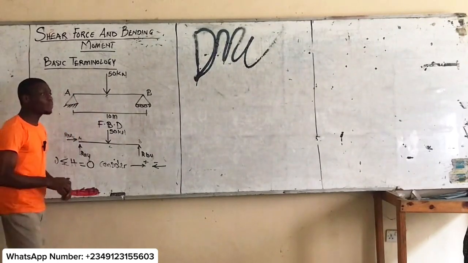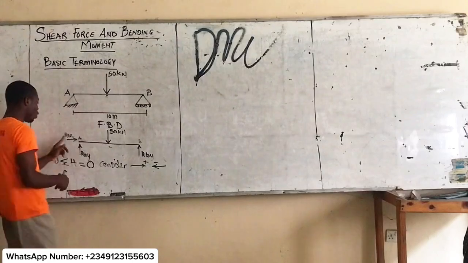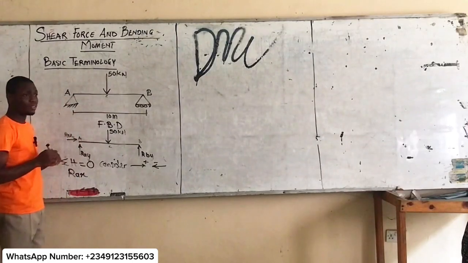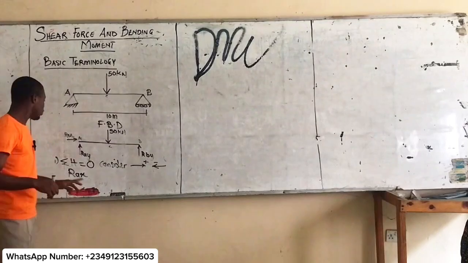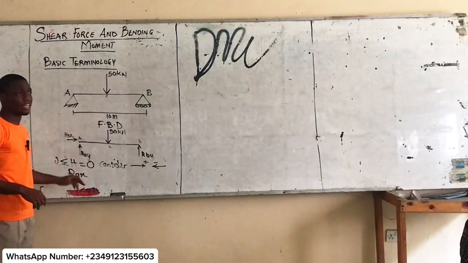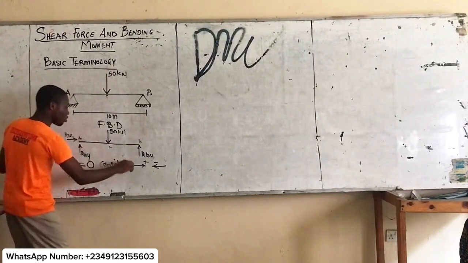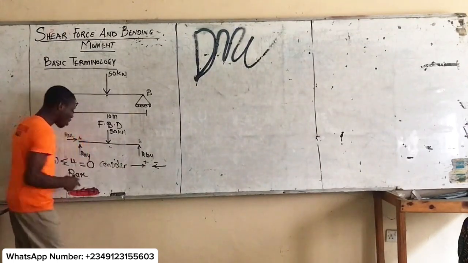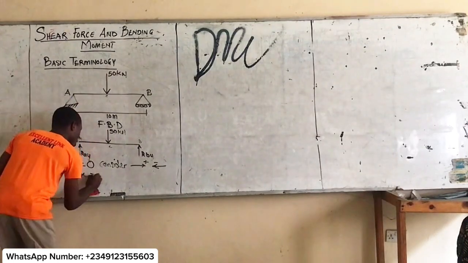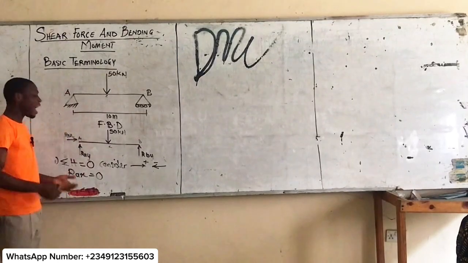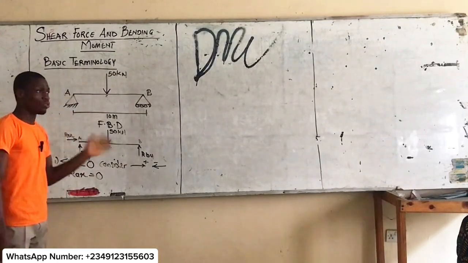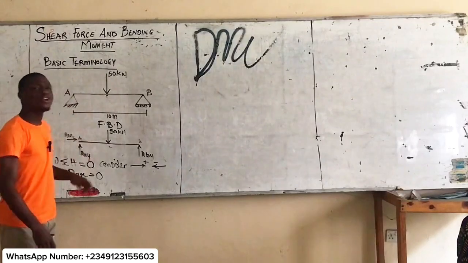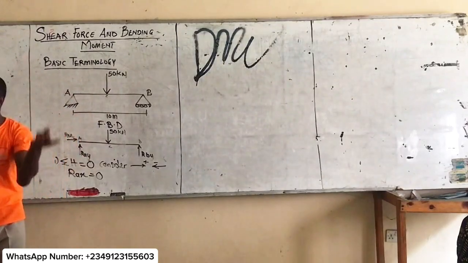RAX. So the summation of the horizontal components includes RAX. Why is it plus RAX and not minus? Because it's facing the positive direction. Observe, please. So I have RAX, and it's equal to 0. So it means that RAX is 0.